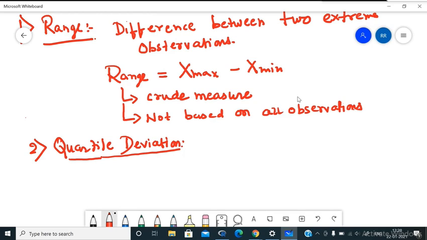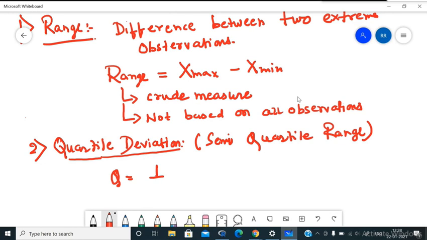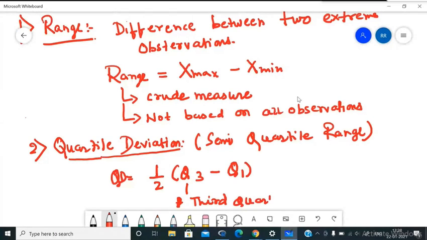It is also known as semi-quartile range. It can be defined as QD, quartile deviation, equal to 1 by 2 times (Q3 minus Q1), where Q3 is the third quartile and Q1 is the first quartile.